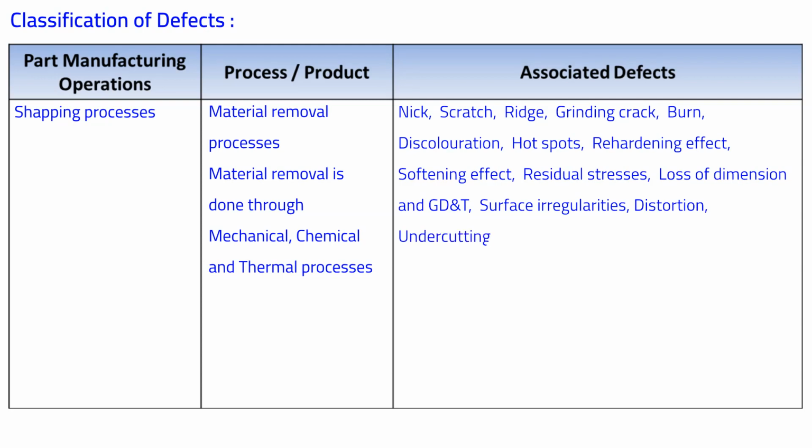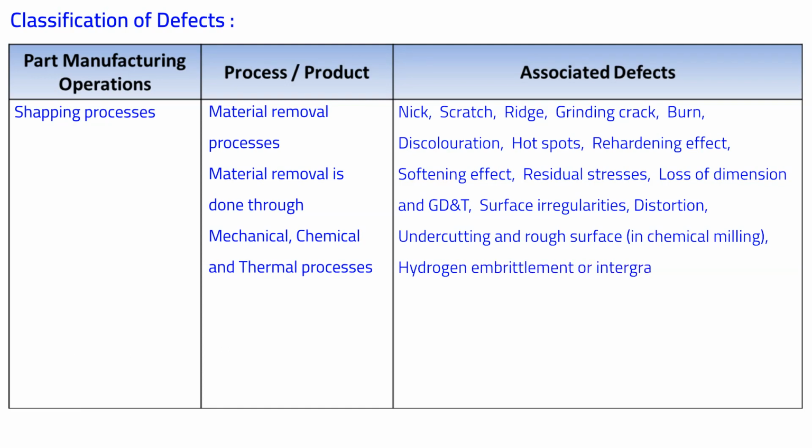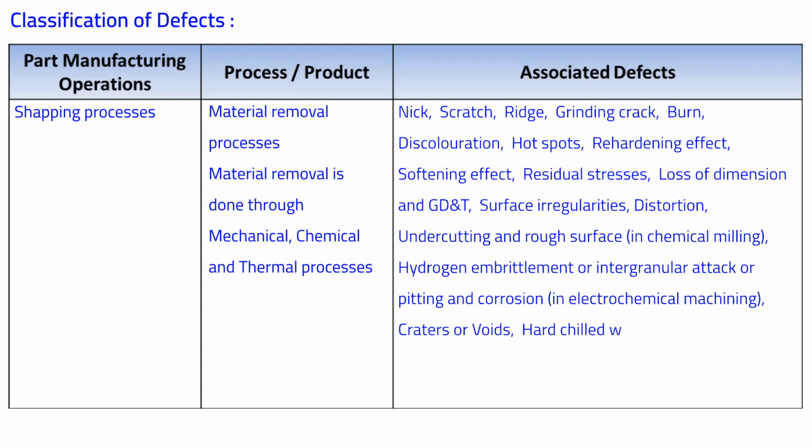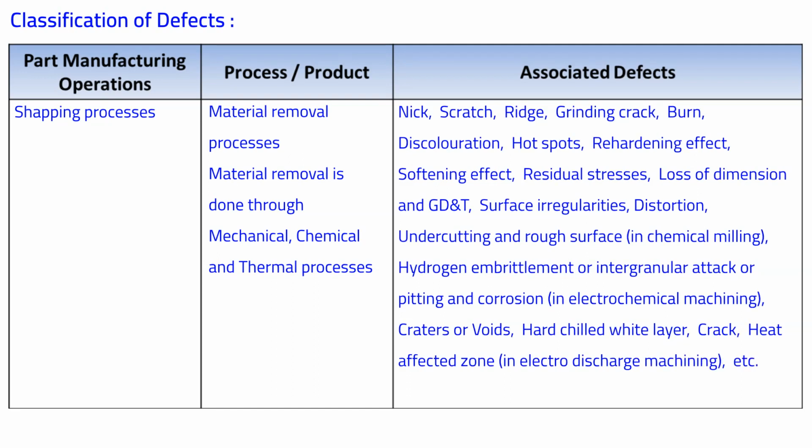Surface irregularities, distortion, undercutting and rough surface in chemical milling; hydrogen embrittlement or intergranular attack or pitting and corrosion in electrochemical machining; craters or voids, hard chilled white layer, crack, heat affected zone in electro-discharge machining, etc.